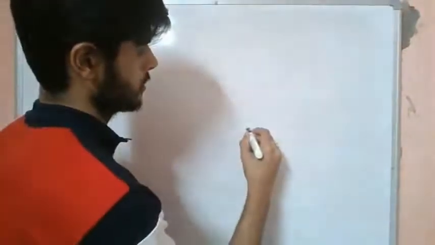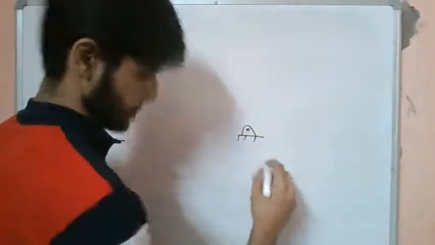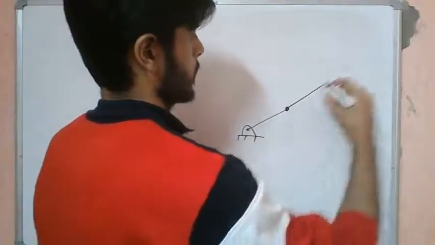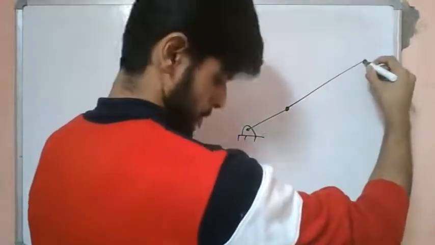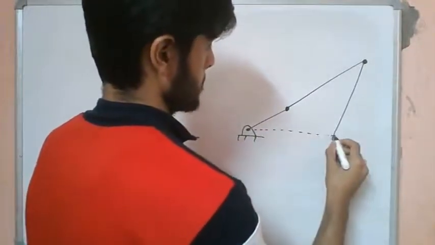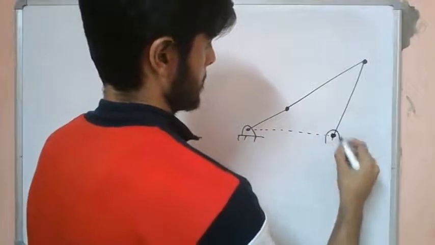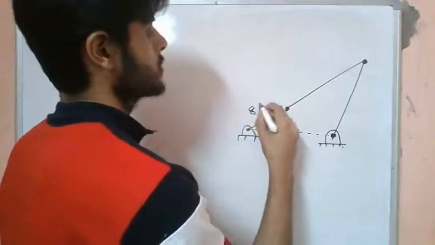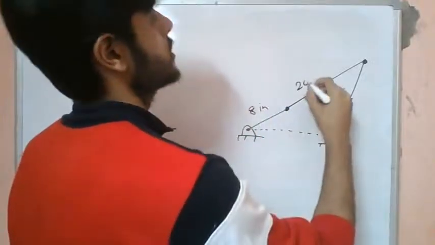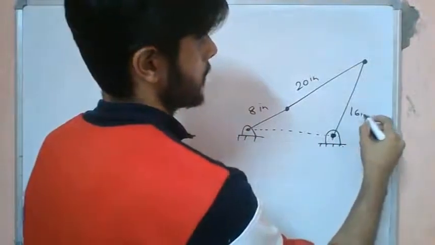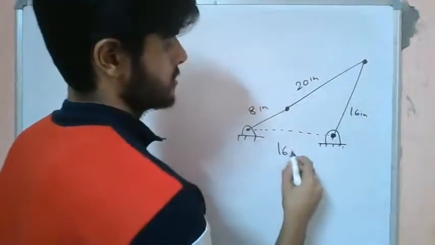So we have a 4-bar mechanism like this. This is 8 inch, this is 20 inch, this is 16 inch, this is 16 inch.